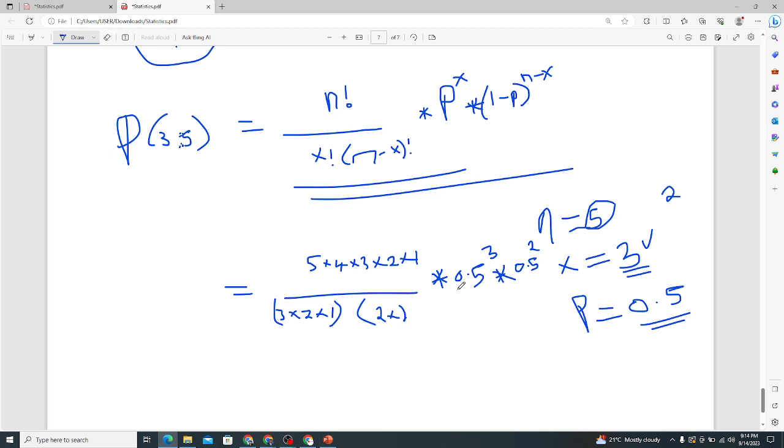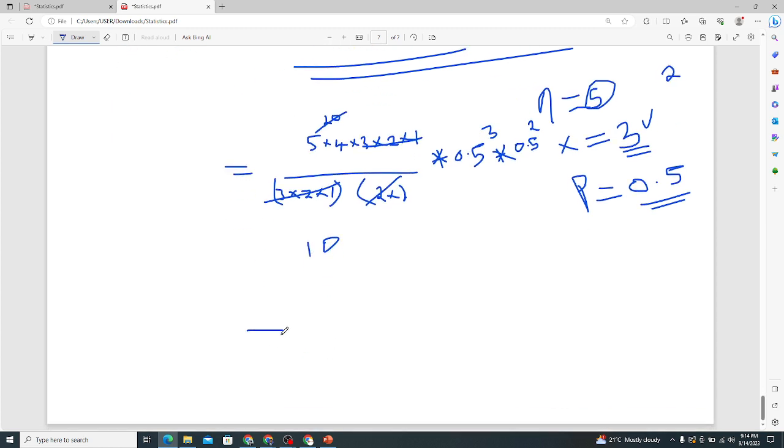So in this case, these will cancel and these will cancel. We will be left with 20. So 2 divided by 20, you'll get 10. So we'll get 10 multiplied by 0.5 raised to 3 multiplied by 0.5 raised to 2. Can maybe someone help us with this calculation?